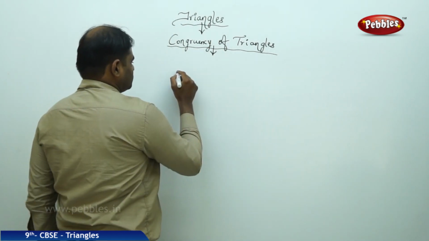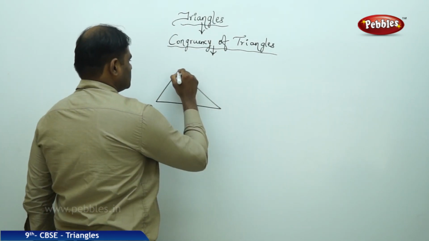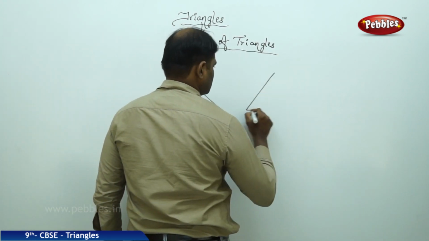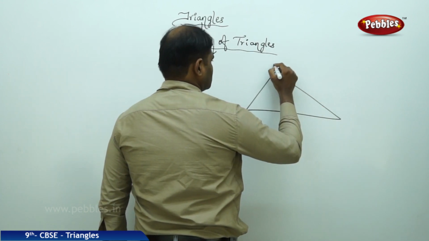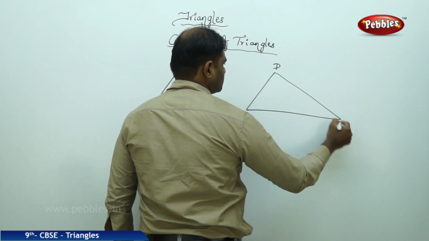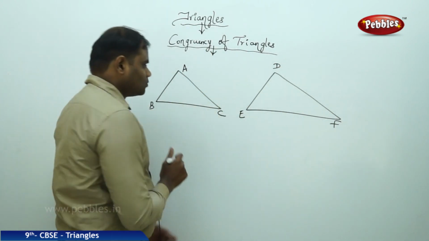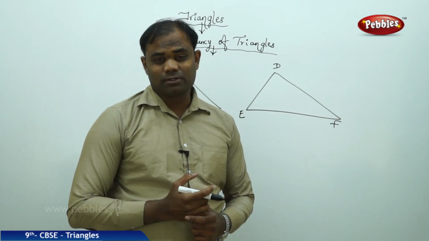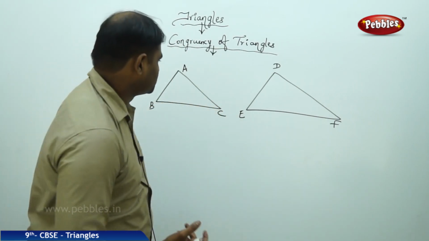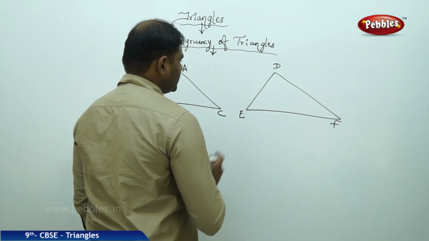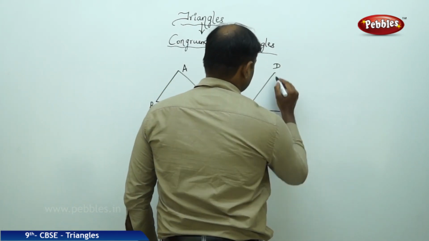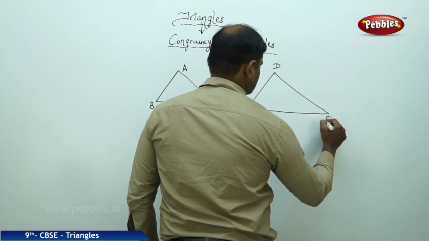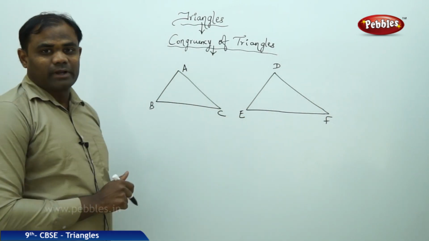So for example, I have two triangles ABC and DEF. The two triangles are said to be congruent if they are equal in all respects, as we defined congruency in the previous session. Triangle ABC and DEF are the two triangles I have considered.